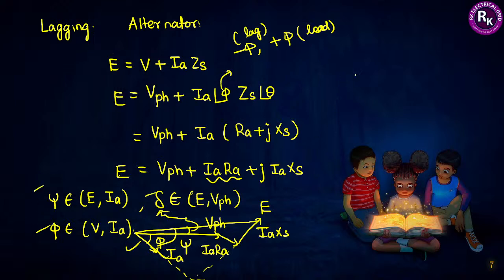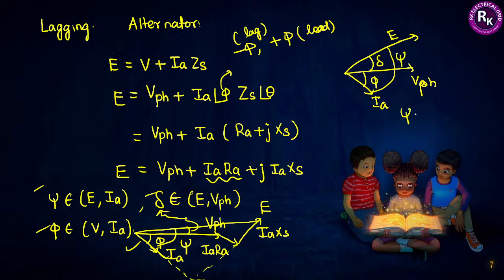If you observe the phasor diagram, the armature current IA is here. I'm just drawing it for your understanding. This is the per phase voltage, and somewhere we have E here. So the phase angle difference between V and E is delta. The phase angle difference between V and IA is phi. Then the phase angle difference between E and IA will be psi.